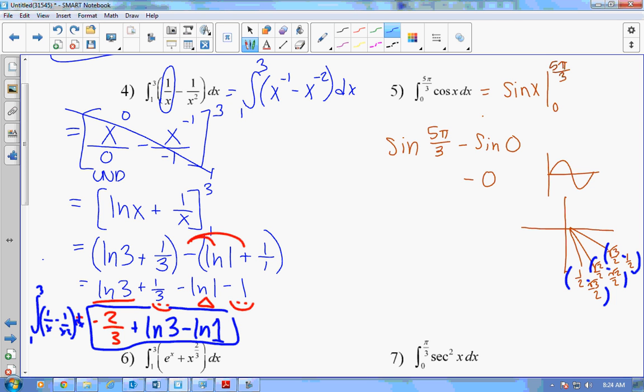Now, the question is, where is 5 pi thirds? Which line is it? Top one, middle one, or bottom one? That's 2 pi minus 1/6. It's this one. And in alphabetical order, cosine theta, sine theta. So sine is actually root 3 over 2. Negative, yes, thanks for catching that. Negative root 3 over 2.